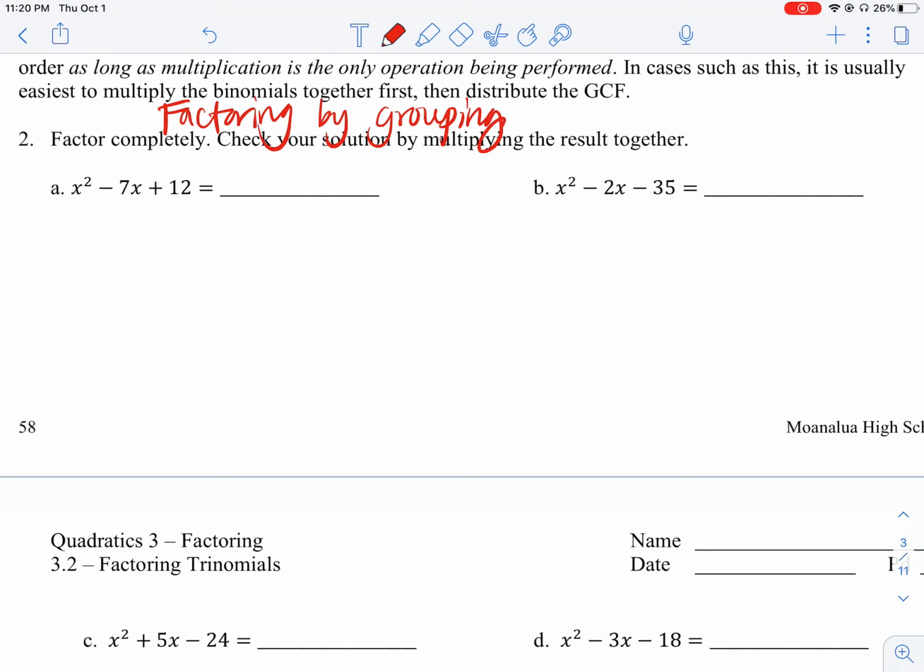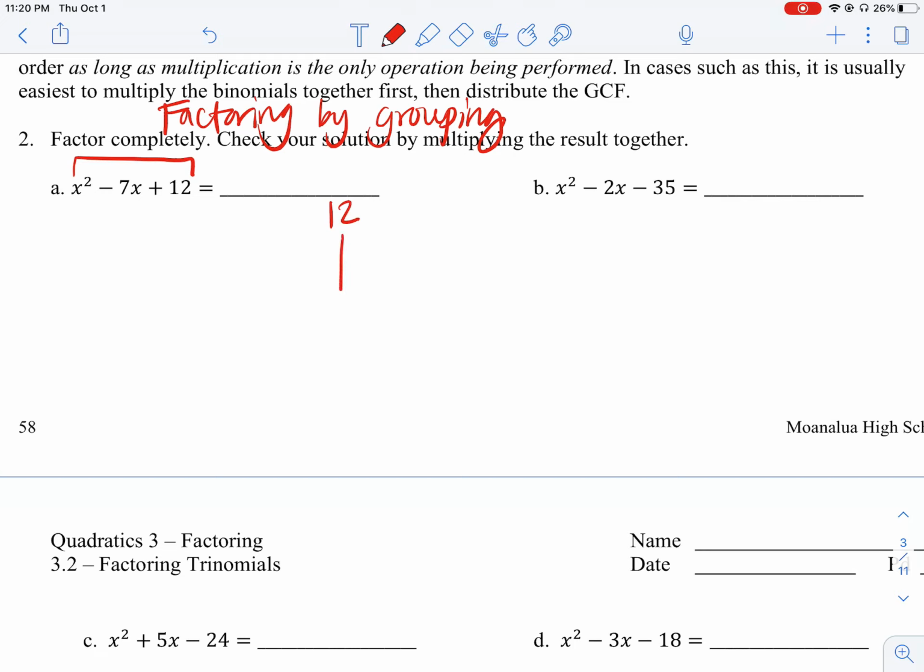So let's see. If you have an x squared minus 7x plus 12, first I'm going to multiply my a value and my c value. The a value is the number before the x squared, right? So the number before the x squared is a 1. So that's 1 times 12, so that's a 12.